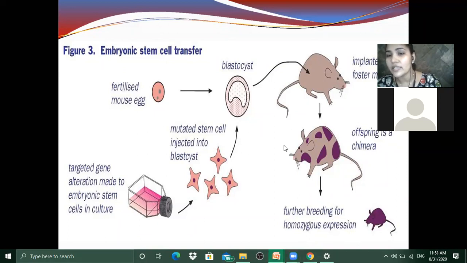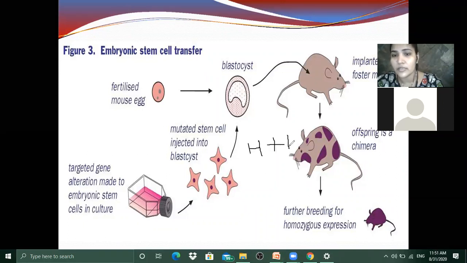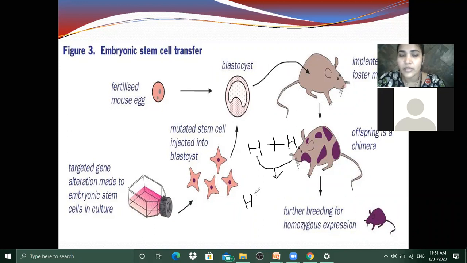If you are getting these heterozygous mice, let me explain this to you. You have heterozygous mice, and then you have one more heterozygous mouse, and you'll be breeding them together. If you remember a little bit of Mendelian genetics, at some stage I'll still be getting heterozygous, and I'll be getting one homozygous as well, right?